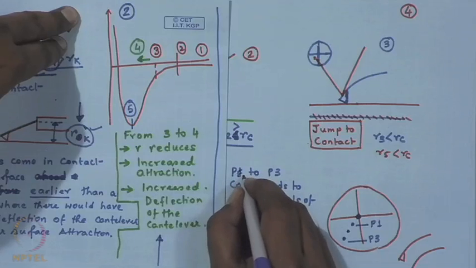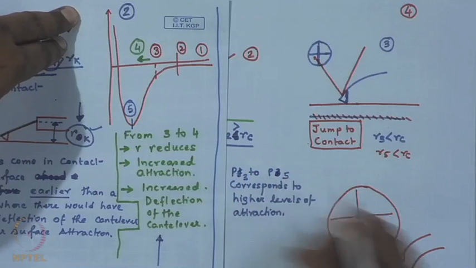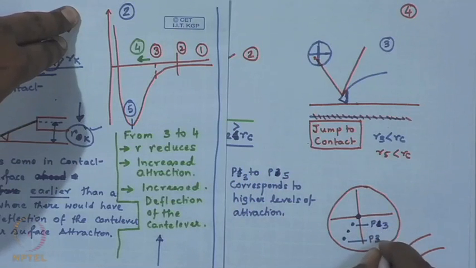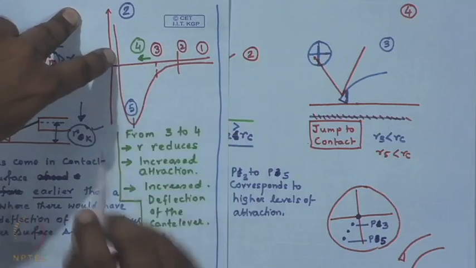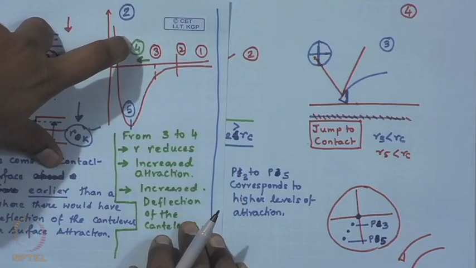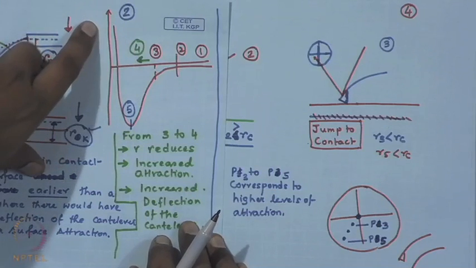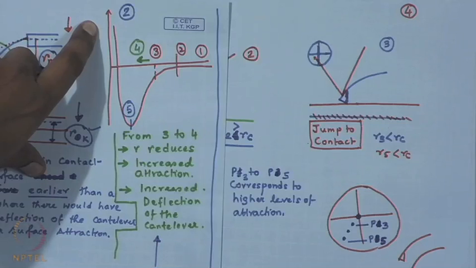So, we also change it to P3 to P5. So, 3, 4 are both points. Let us try to understand what is 3 and 4. 3 and 4 are both points in the attractive regime.